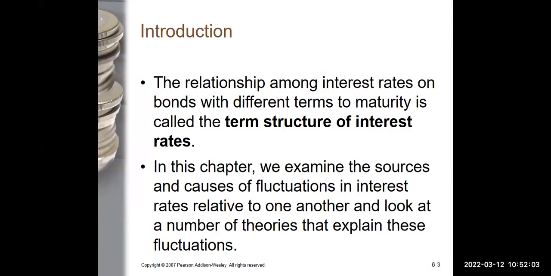So what are we going to do in this particular chapter? We are going to examine the sources and causes of fluctuations in interest rates relative to one another and look at a number of theories that explain these fluctuations. You will see different kinds of curves showing how interest rates and term period are related to each other.